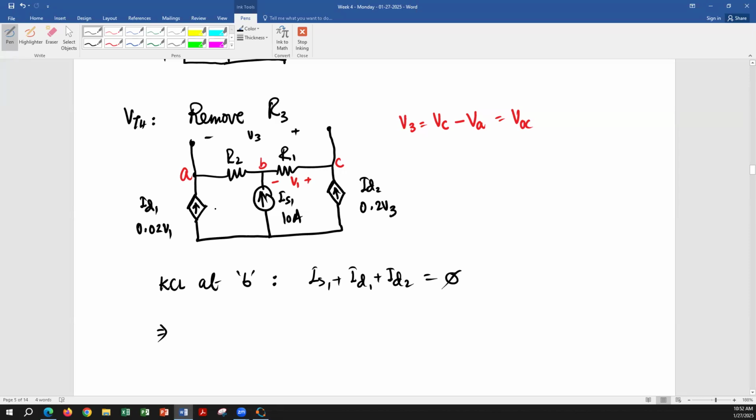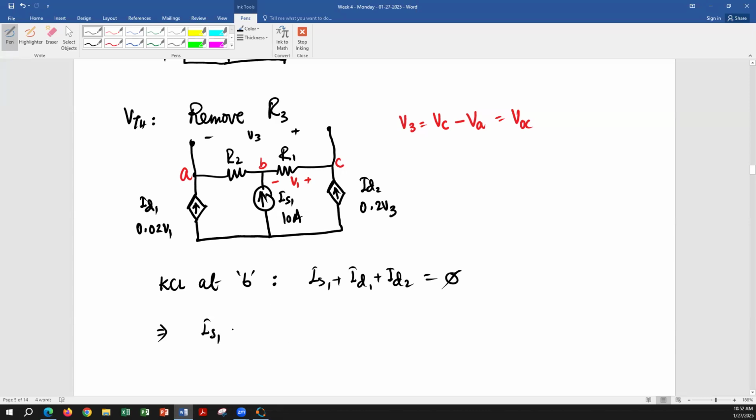You know, ID1 is 0.02 V1. V1 is this. Now V1 is ID2 times R1. Okay, let's write this down.